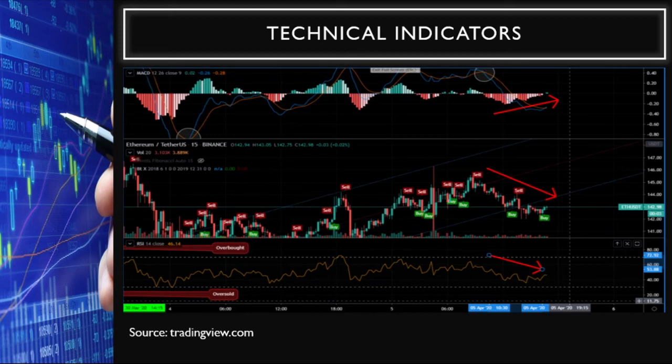So nakita nyo, di ba, meron dito na possible na may divergence dito, ayan. But, kay RSI, wala pa siyang nakikitang divergence. Ayun. So, always, we look up into indicators. Dapat yan, pagka ginamit mo with confirmation of one and the other.